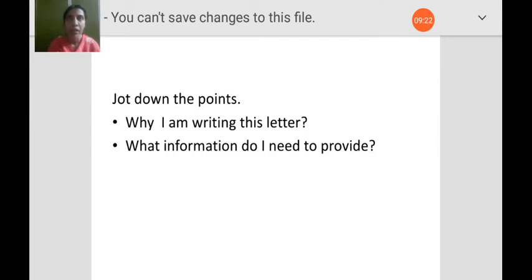Another important thing you need to remember is you are writing a letter to be published in the newspaper. So that's why it is like giving information to the editor. And here another thing you need to remember in the question is that the recipient's address is already provided to you.